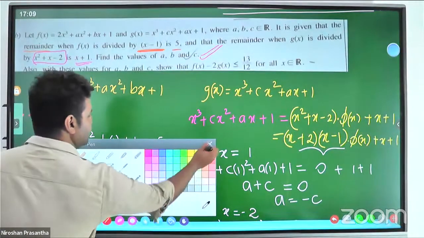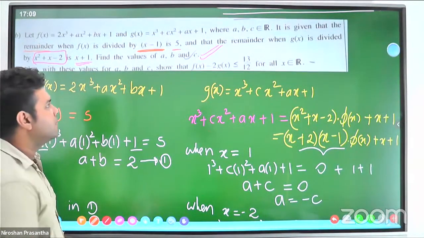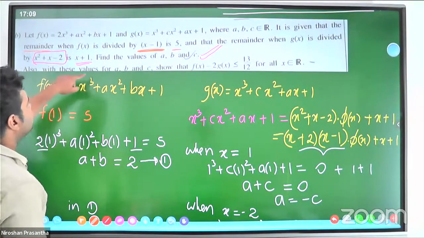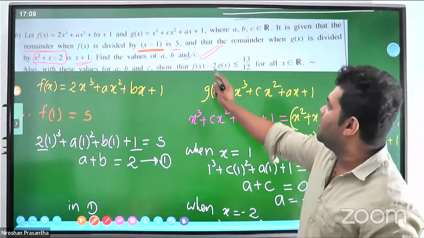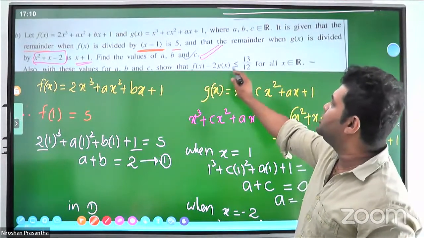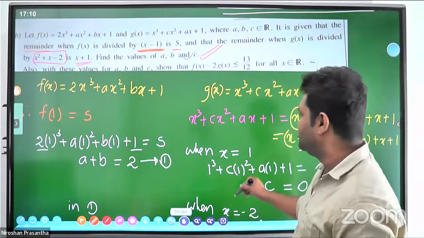Now, with these values, a equal minus 1, b equal 3, and c equal 1, show that f(x) minus 2g(x) is less than or equal to 13/12. How to do this?